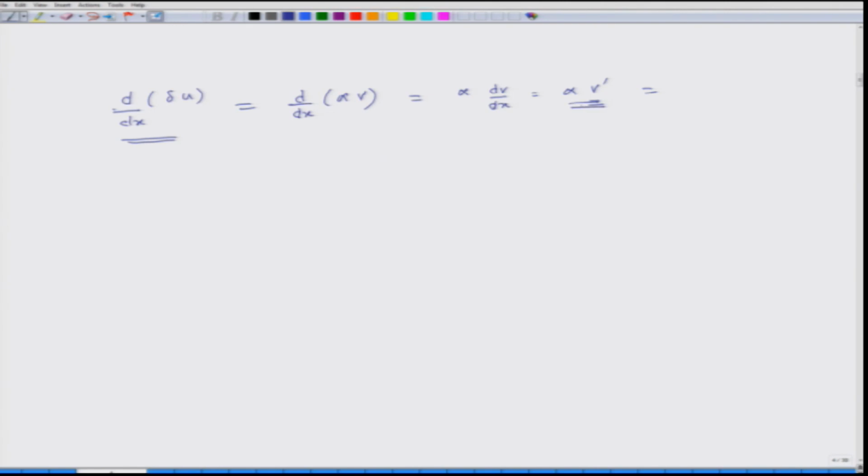This is nothing but variation in u prime, right, which is the variation of du over dx. So, I can write that d over dx of the variation of u is equal to variation in du over dx.